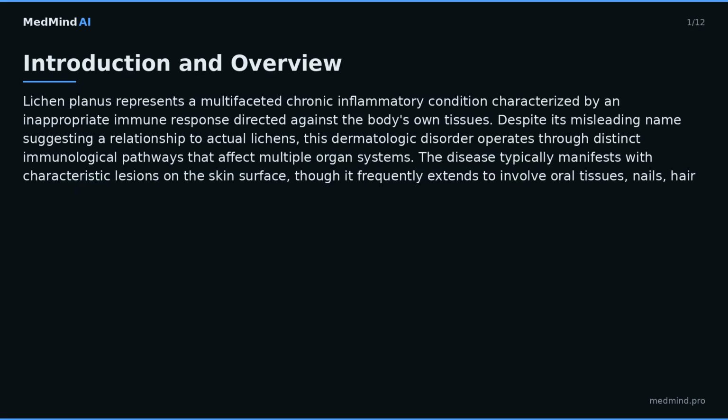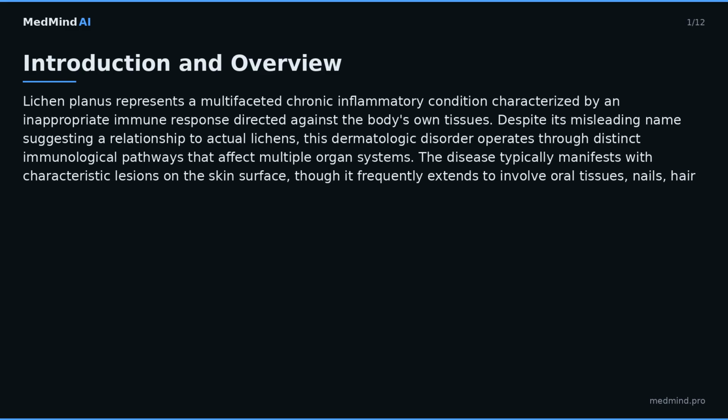Introduction and Overview. Lichen planus represents a multifaceted chronic inflammatory condition characterized by an inappropriate immune response directed against the body's own tissues. Despite its misleading name suggesting a relationship to actual lichens, this dermatologic disorder operates through distinct immunological pathways that affect multiple organ systems.